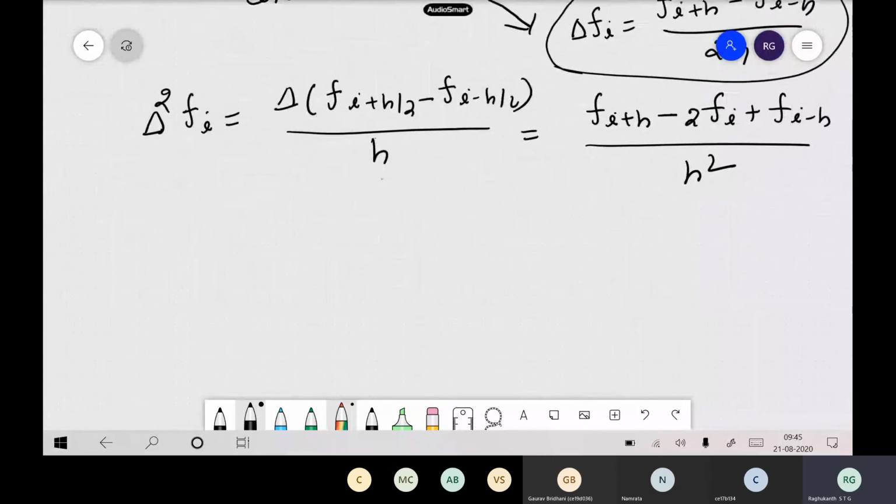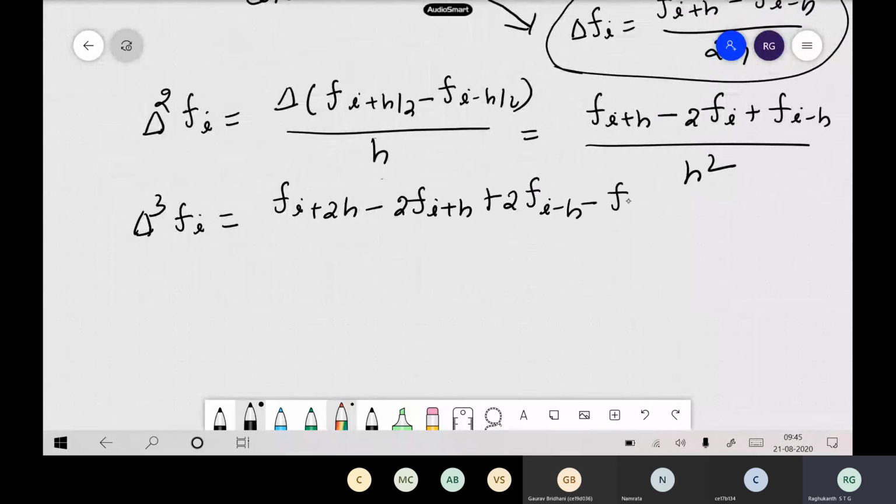Now the third derivative also all comes from the Taylor series. If you know the Taylor series, you can derive the expressions on your own. This is f of i plus 2h minus 2 times f of i plus h plus 2 times f of i minus h minus f of i minus 2h by 2h cube. So this is the third derivative.